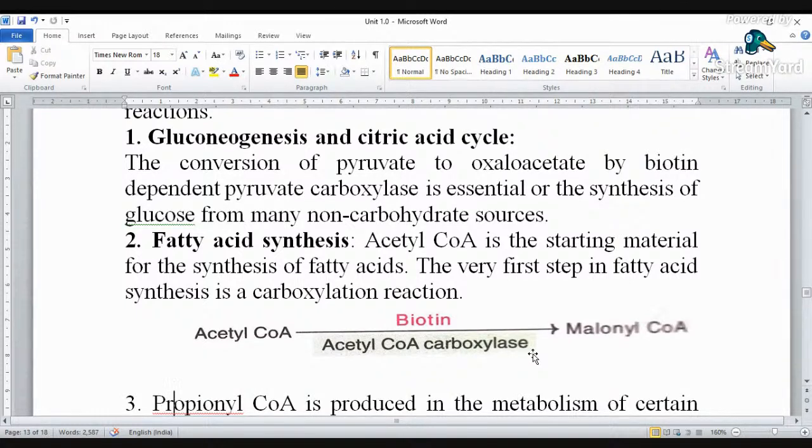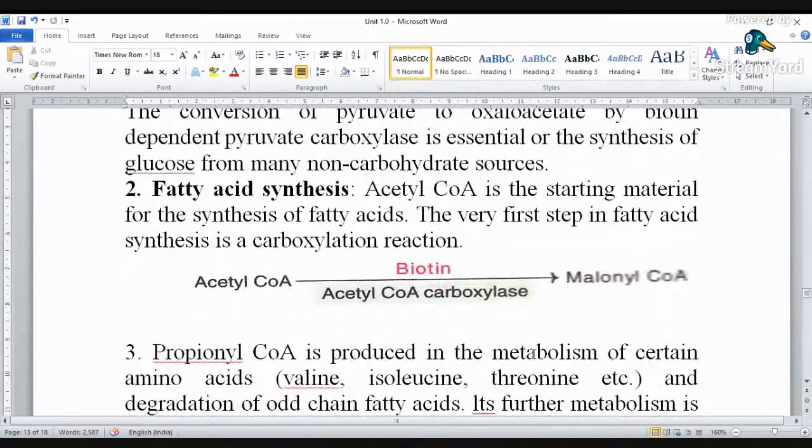So acetyl CoA is converted to malonyl CoA with the help of biotin by the enzyme acetyl CoA carboxylase. So this reaction requires biotin.